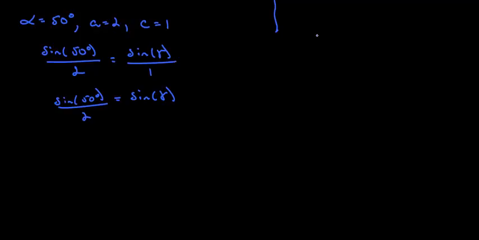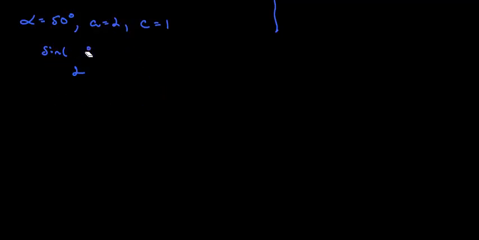Oops. Let's go back here. Oh, whoops, I wanted to set this problem up differently. So just ignore what I just said. Let's go like this. Let's say alpha is 50, and our A value is 1, and our B value is 2.